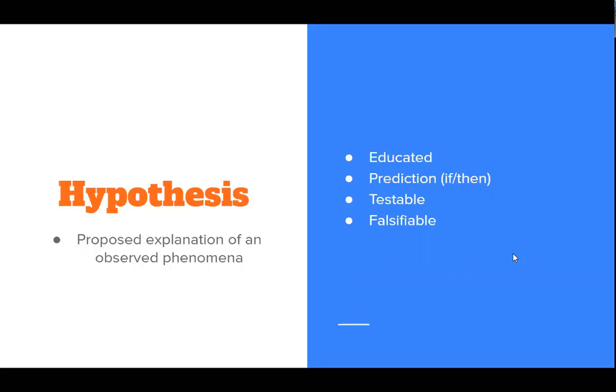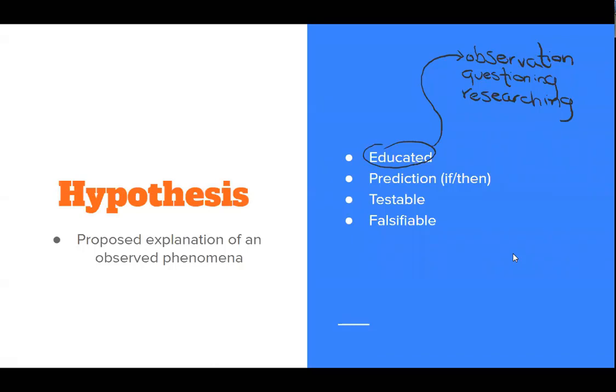First trait is it's educated. I mean that before you form your hypothesis, you were observing, you were questioning, and you were researching. All that first step we talked about last class, where we wonder, we look at other scientists' research. We don't just go in there making guesses without even looking at what's going on. That's that idea of educated.